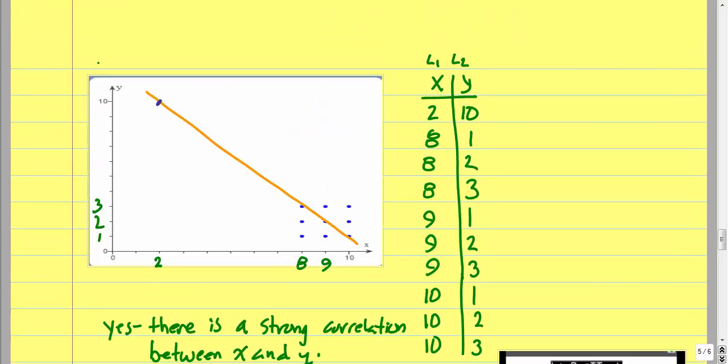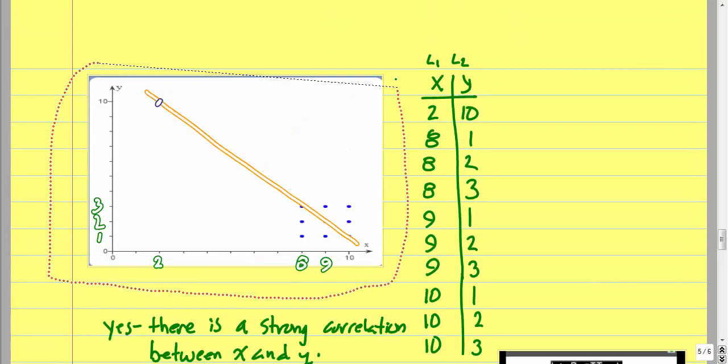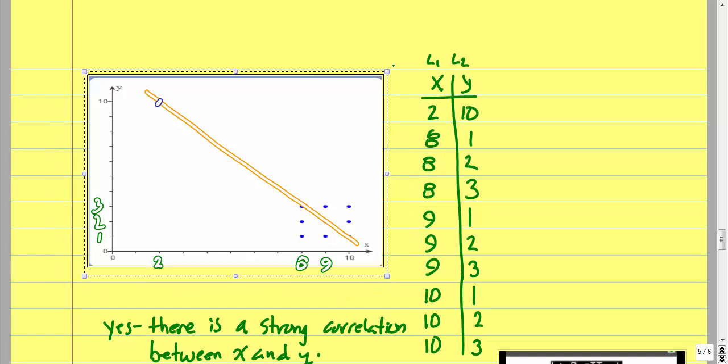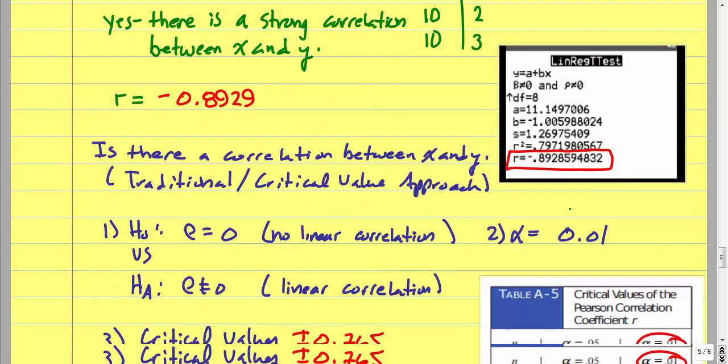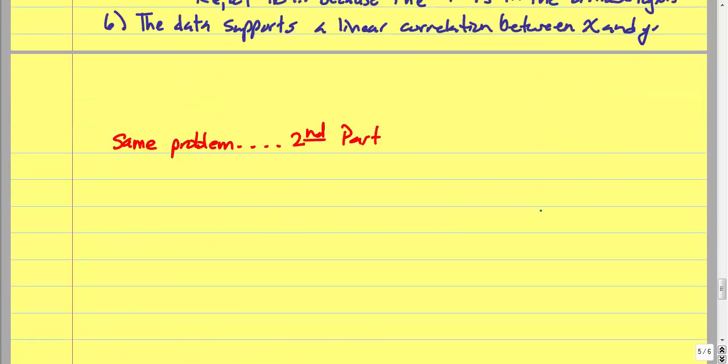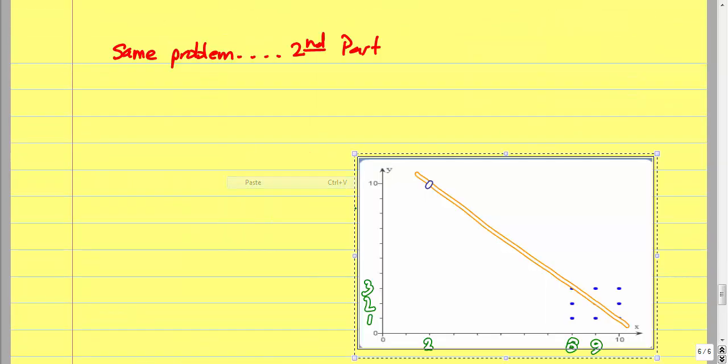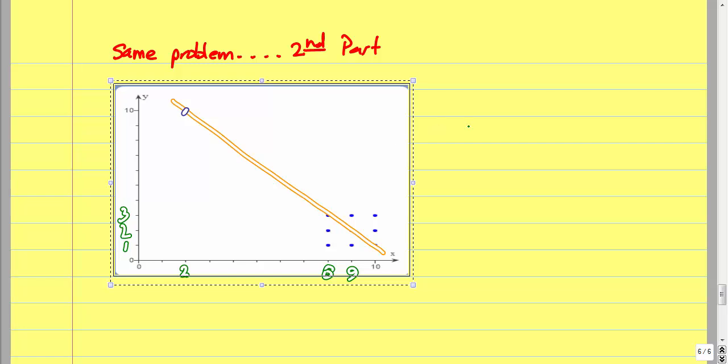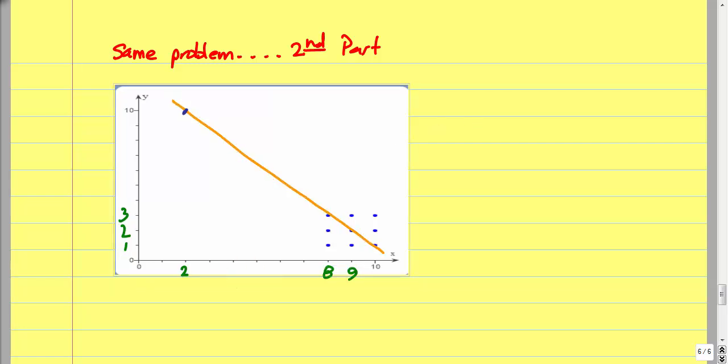Okay, so same exact graph. And they want us to throw out that outlier point and then see how that changes everything. If we throw out this outlier point, basically they're saying get rid of this one because it's not where the others are.